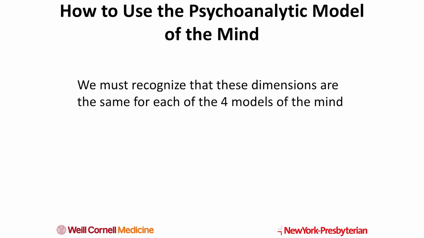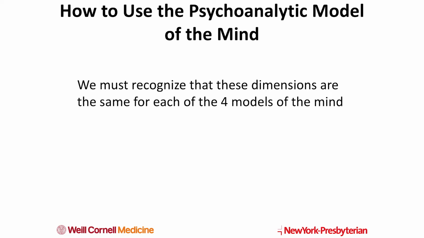Let us begin by recognizing that these dimensions are the same for each of the 4 models of the mind. In other words, our models don't have totally different things to say about the mind, but only different things to say about each aspect. For example, in the structural model of the mind, among the most important motivations are those related to the body's quest for pleasure. In object relations theory, among the most important motivations are those related to needs for attachment and/or separation.